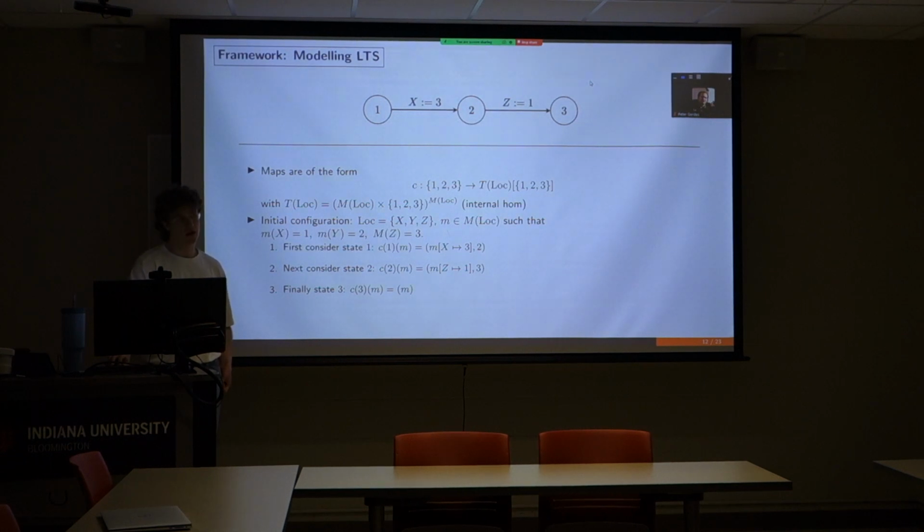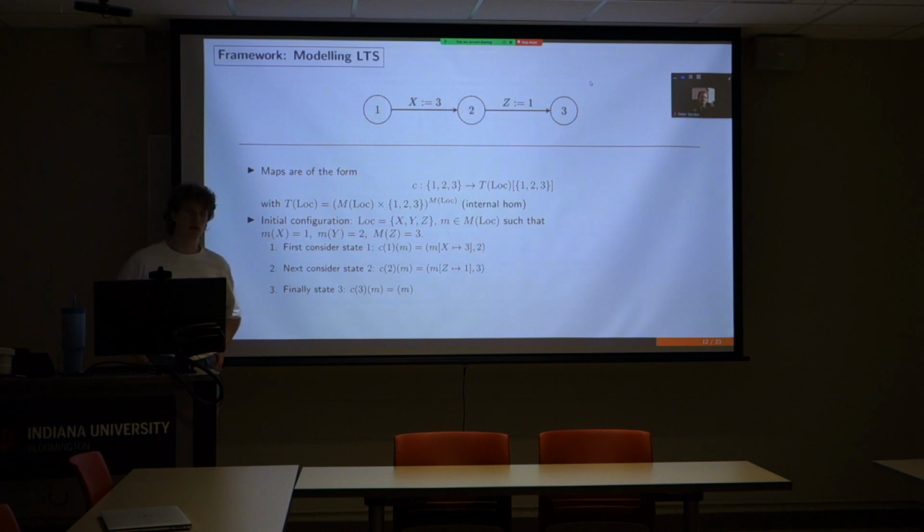I will illustrate how computational effects were being modeled, showcasing what happens in this transition system. So in this transition system, we have 3 total states and 2 commands that do something to the memory.